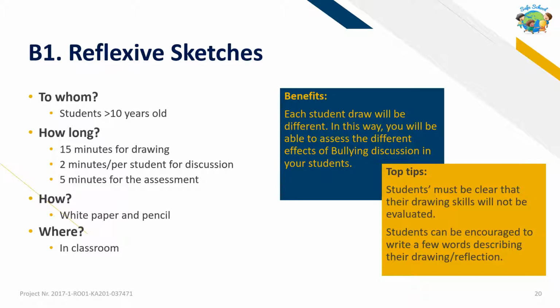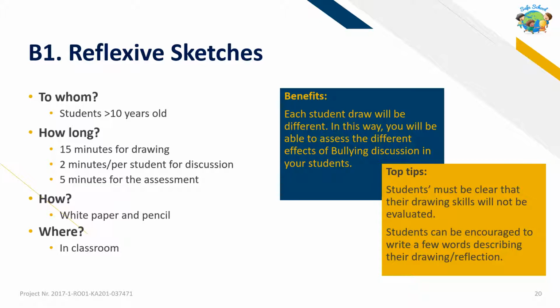This is an excellent activity to be implemented within the classroom context, and it can be implemented after a learning experience or after a specific moment or situation. And any teacher can implement it since it does not require specific knowledge.